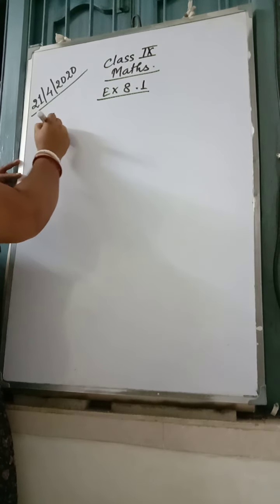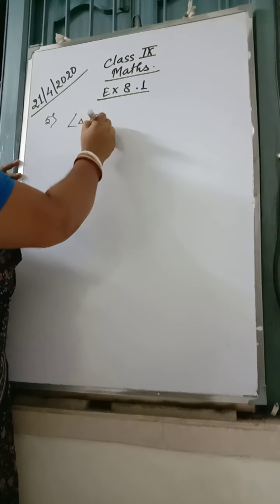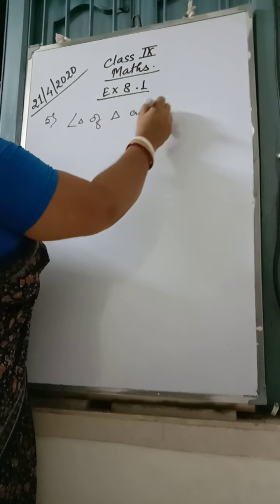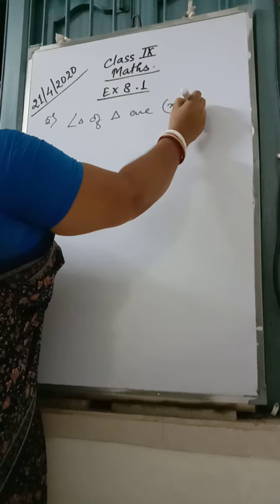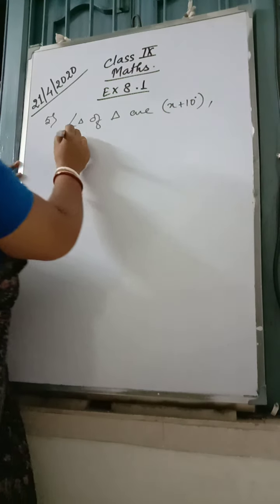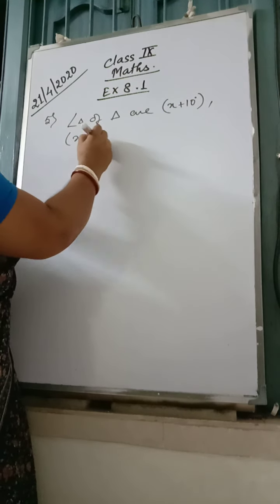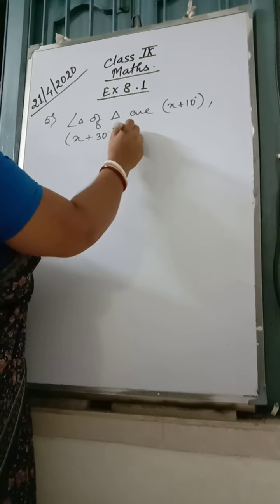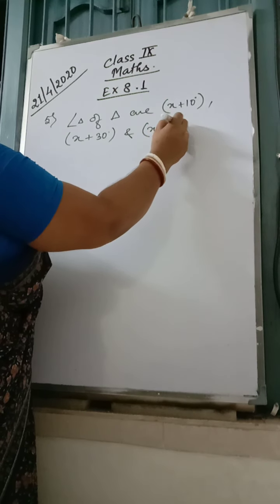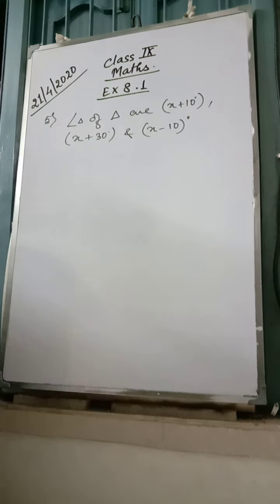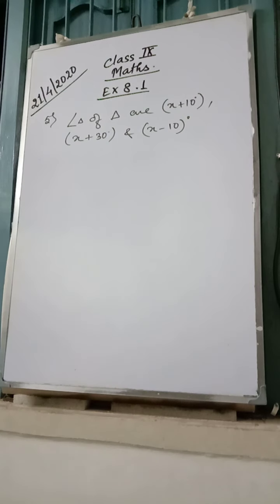The angles of the triangle are x plus 10 degree, x plus 30 degree and x minus 10 degree. These are 3 angles given to us.